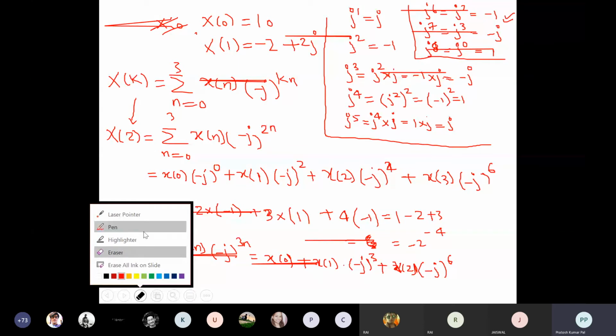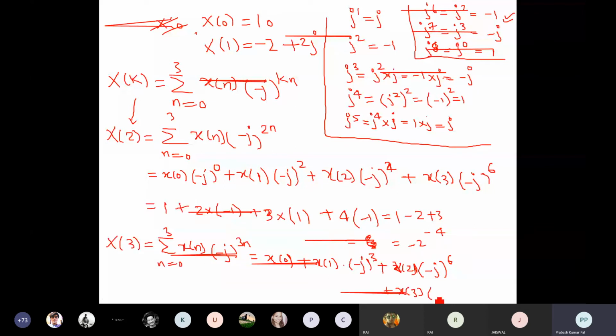x of 3 into minus j to the power 9, because 3 multiplied by 3 is 9. Okay, so we will solve it again. x of 0 is 1, plus x of 1 is 2 and minus j to the power 3.